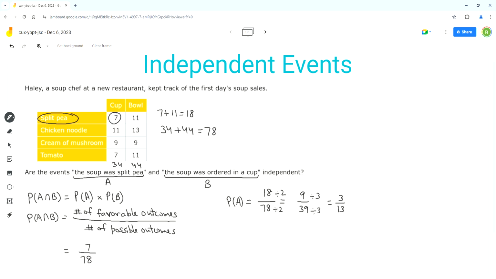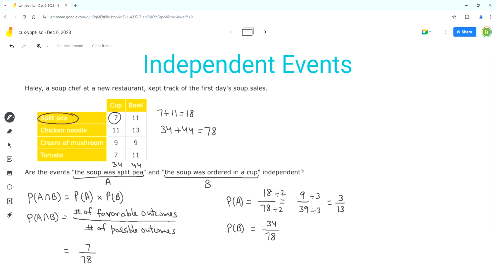Now we can calculate the probability for event B, which is the soup was ordered in a cup. The number of possible outcomes will be 78. The number of favorable outcomes will be the sum of the numbers in the cup column, because all of those numbers represent the different types of soup sold in cup format, and that's 34.